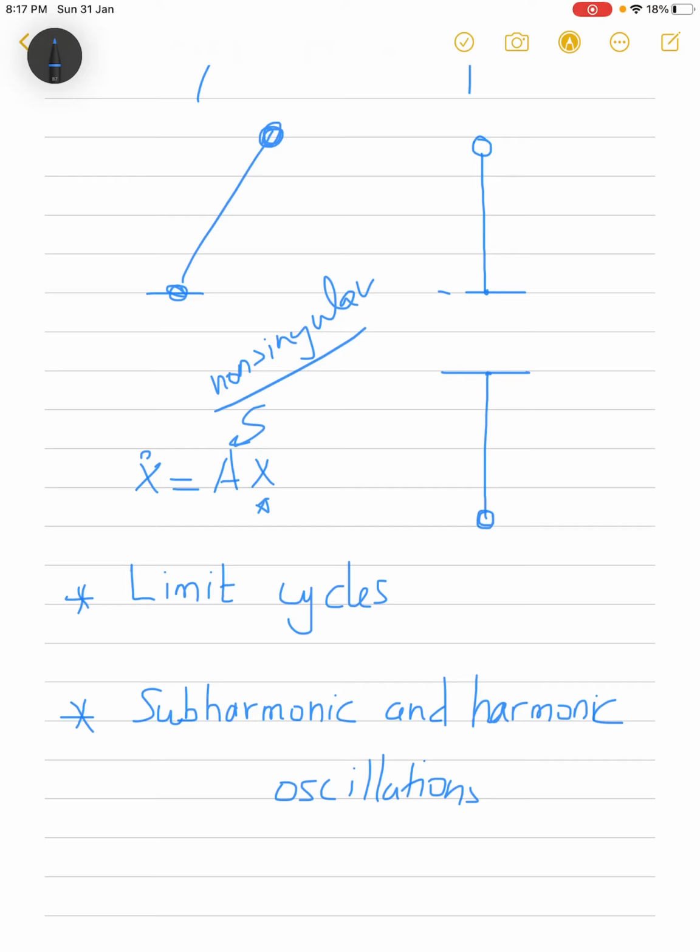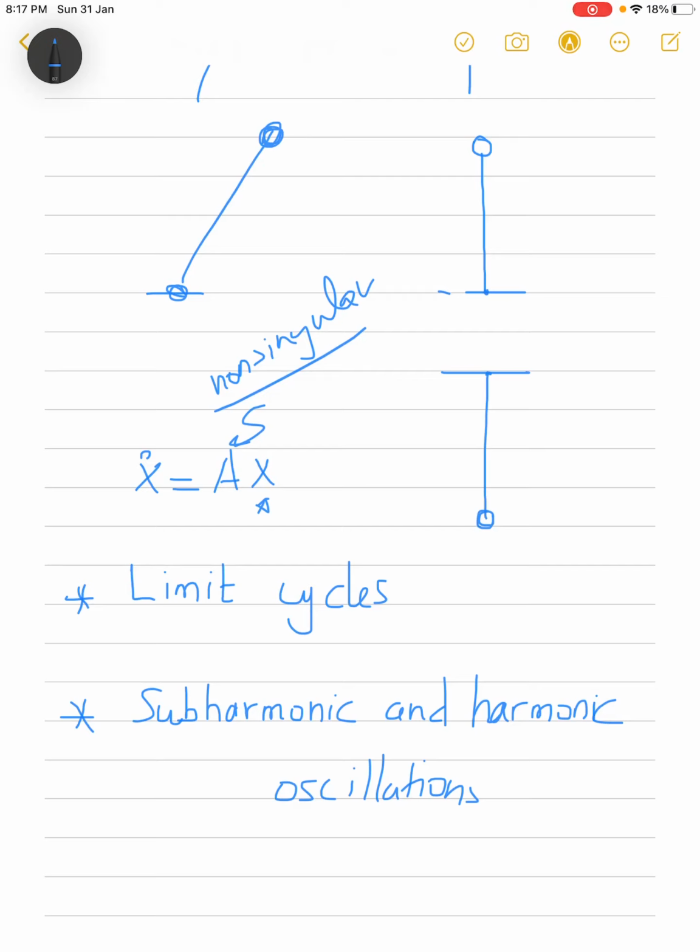The phenomenon that could appear in a nonlinear system is that for a sinusoidal input, we could have an output that has frequencies not multiples of the input, but subharmonics of the input, and this is again a unique feature of nonlinear systems.